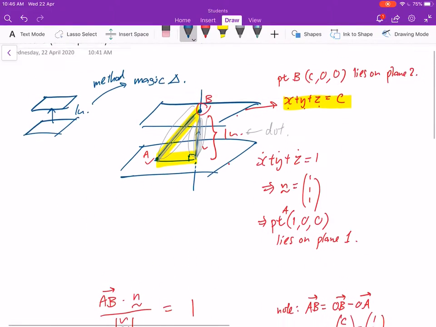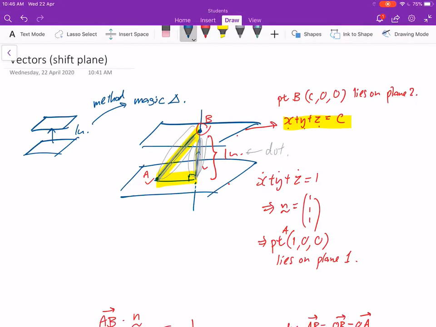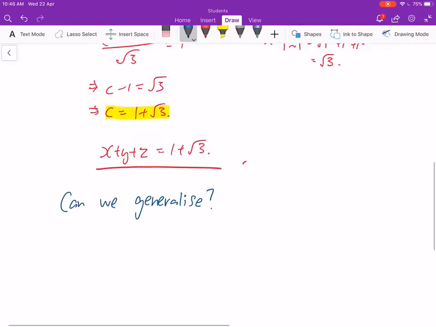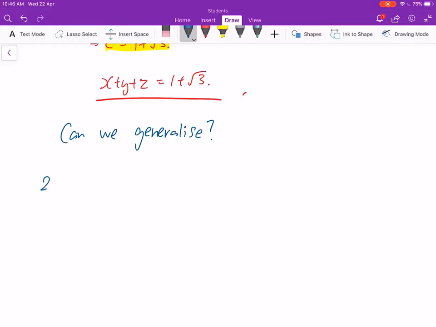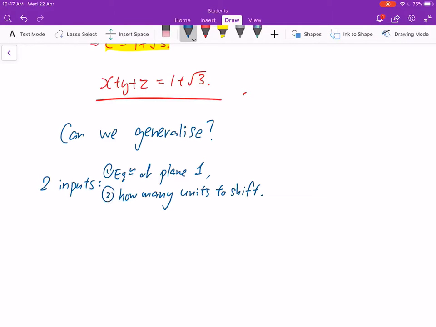What is given here? What is given is plane 1 and the units to shift. Then you have to find plane 2. Okay. So we have 2 inputs, right? That's the two inputs.